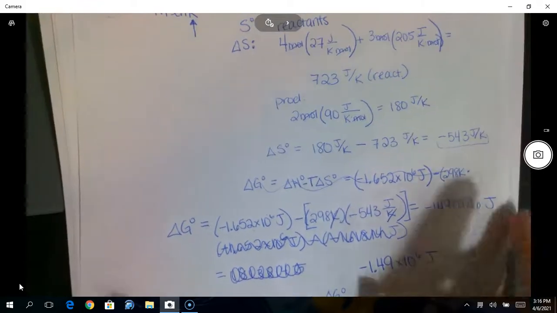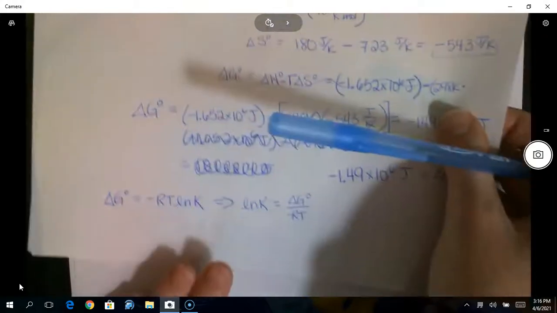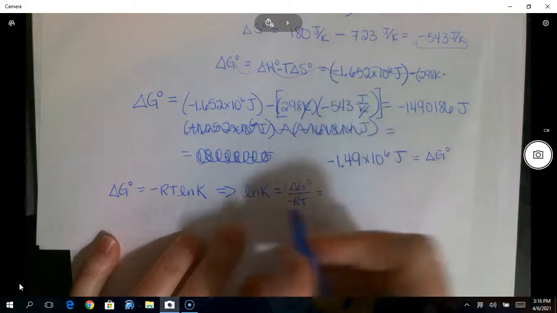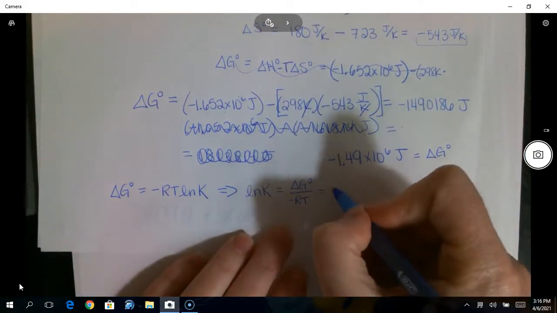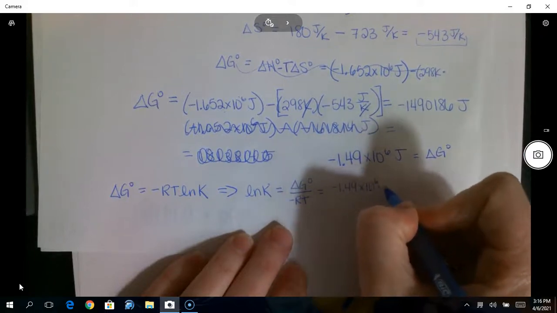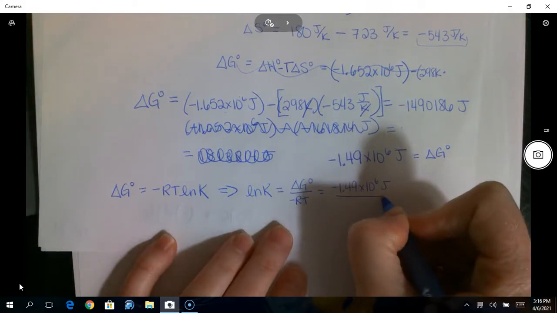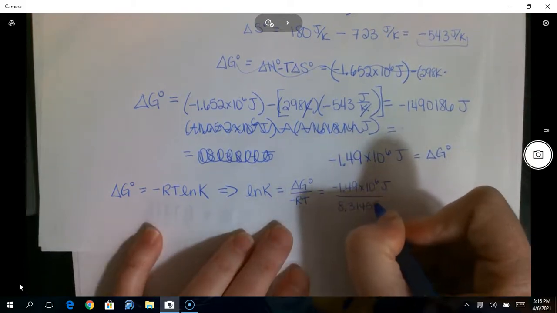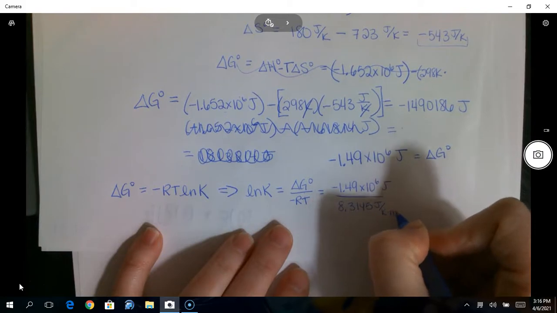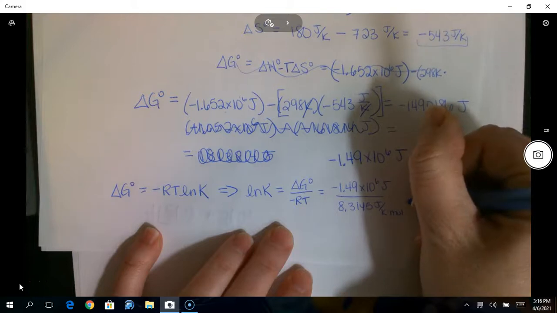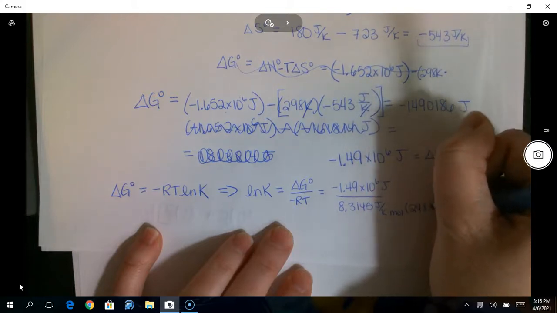This means I've got negative 1.49 times 10 to the 6th joules divided by RT. So R is 8.3145 joules per Kelvin times mole. And T is our temperature, so times 298 kelvins.